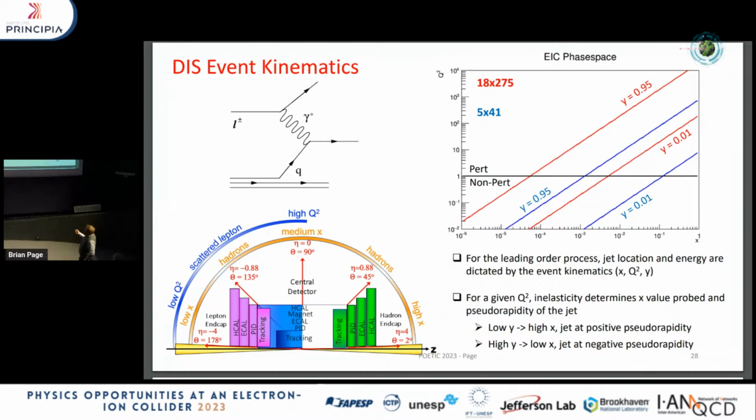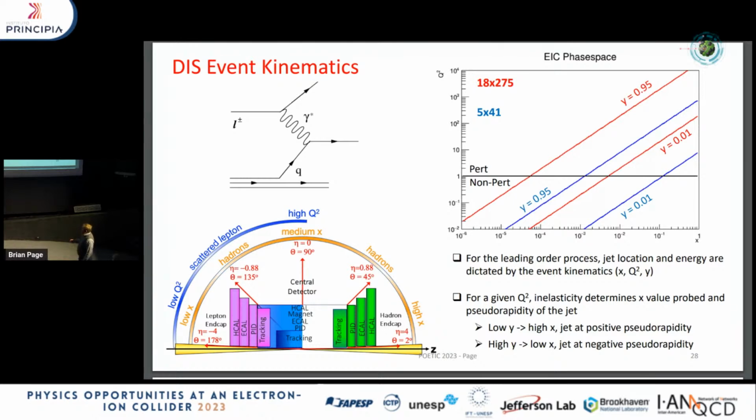So here we see the standard x-Q² plane for reference, and I'll be showing the highest energy and the lowest energy we plan for at the EIC, 18 on 275 and 5 on 41, and you can see the regions of phase space we can explore with those energies for different y values.